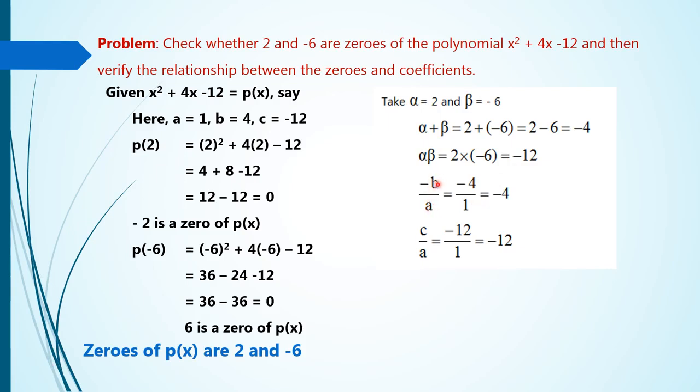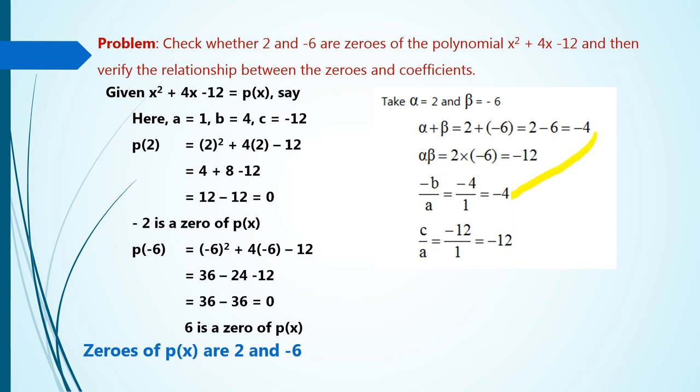Coming to minus b by a, b is 4, we need minus b, that is minus 4. There a is 1, minus 4 by 1, that is minus 4. C by a, c is minus 12 and a is 1, that's why minus 12 by 1 we get minus 12.